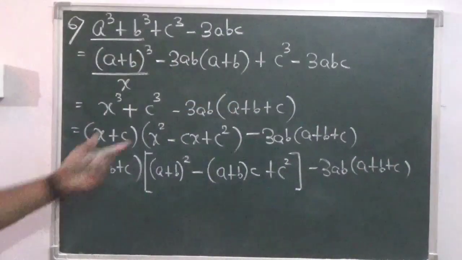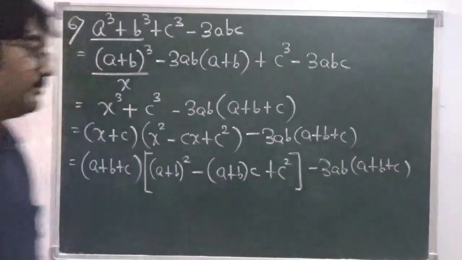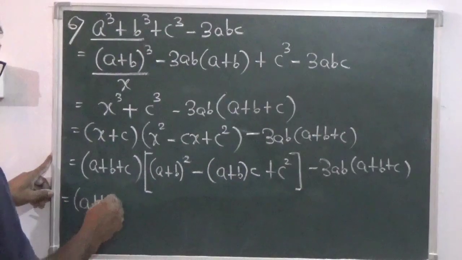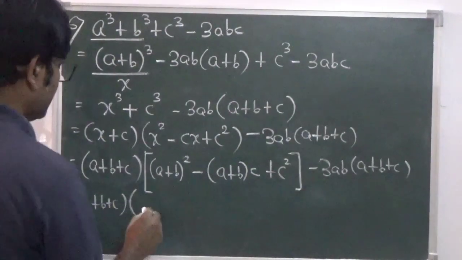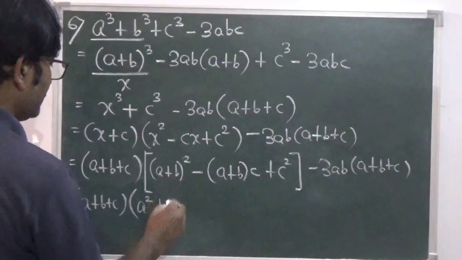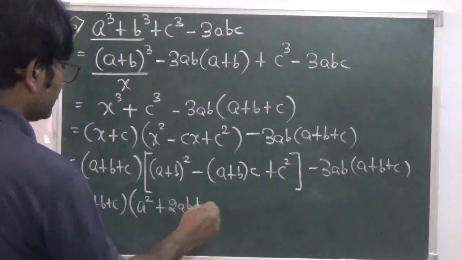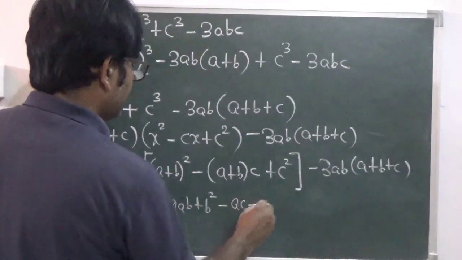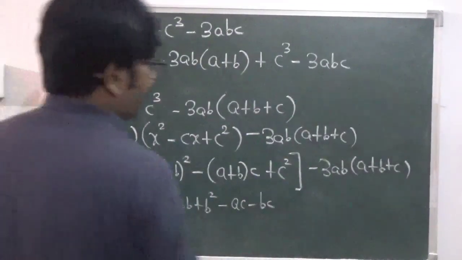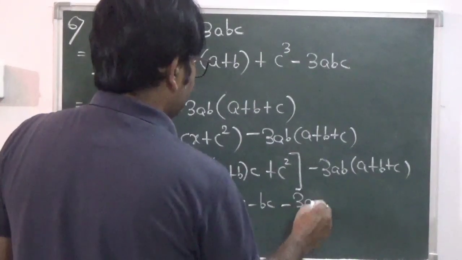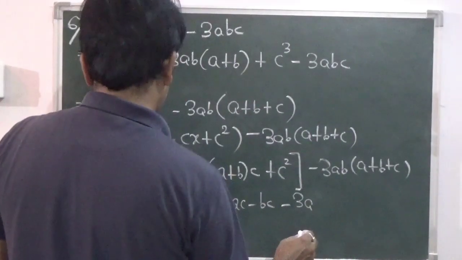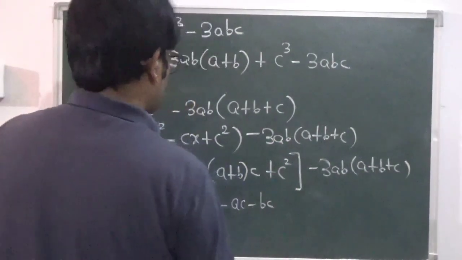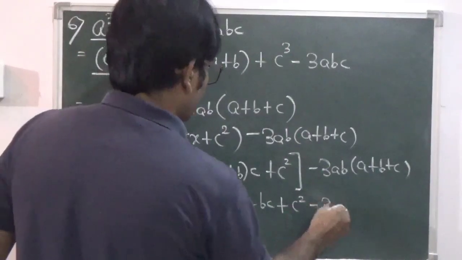So from these two terms we can take common a plus b plus c. We are left with a square plus twice ab plus b square minus ac minus bc plus c square minus thrice of ab.